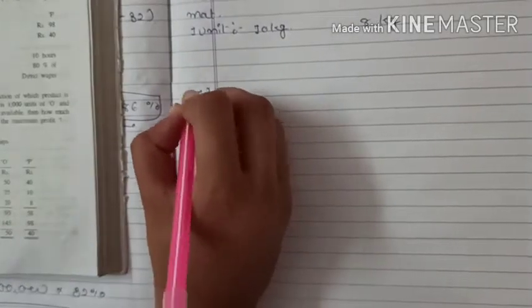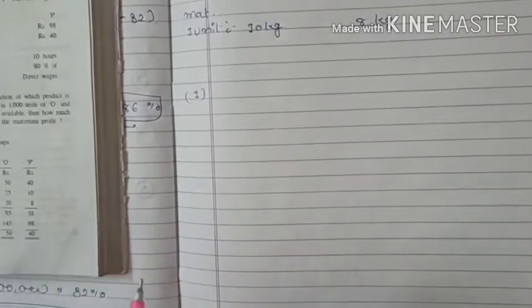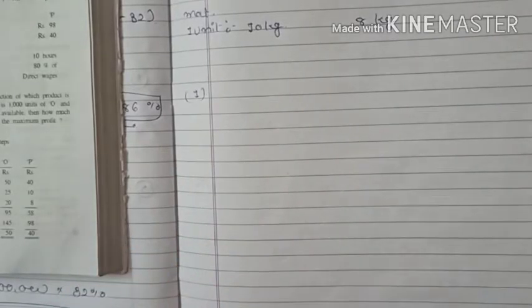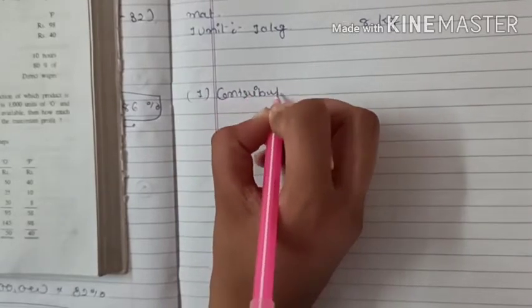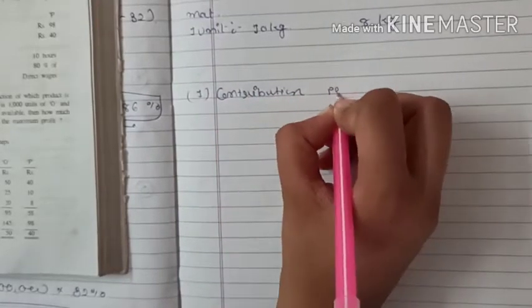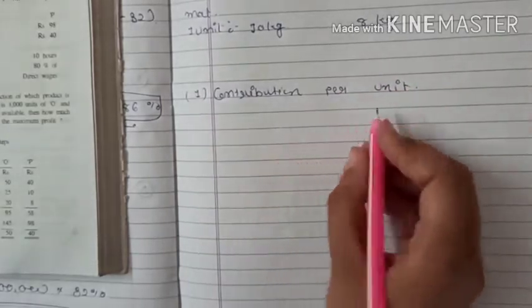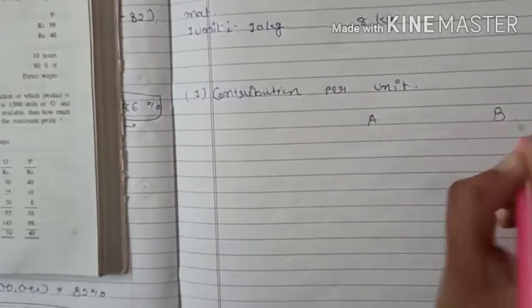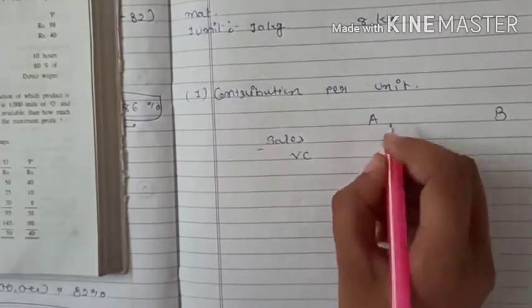Always, step 1: calculate the contribution per unit for each product. As you all know, the formula of contribution is sales minus variable cost.